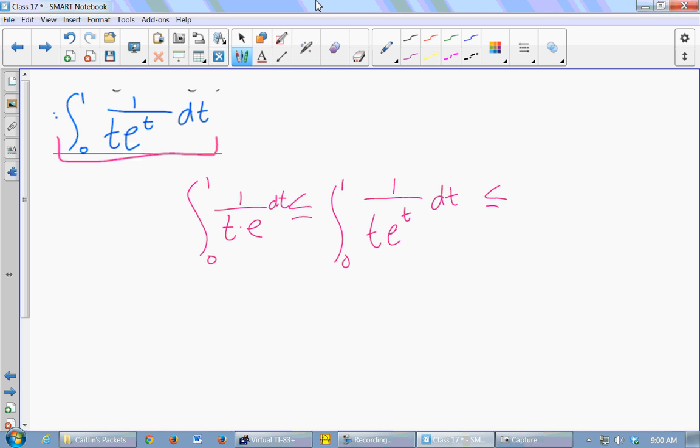And if I put in a 0 into the exponent, this becomes 1 over t, right? And this integrand will always be smaller. This part I already knew, and it was unhelpful.